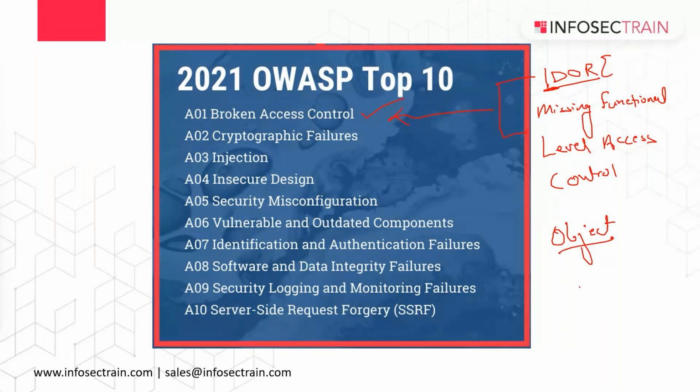An object is any entity in the web application which you are accessing. Let's say you went to Amazon, opened the page of Amazon and clicked on the mobiles section. That's an object, mobiles. Now, IDOR means insecure direct object reference. That means I am just jumping from one object to another.